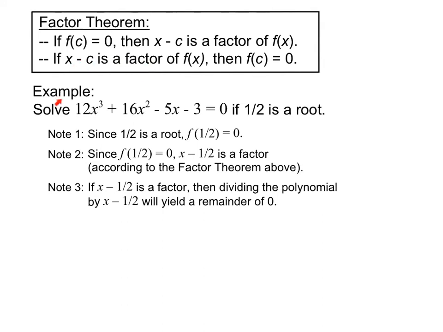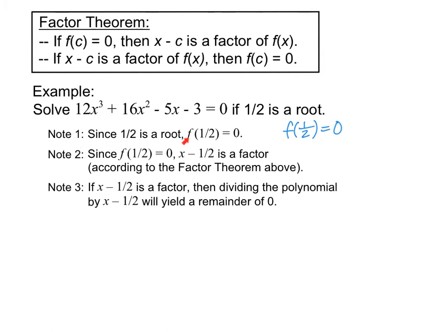So let's look at this example. Solve this really ugly cubic polynomial, degree 3, equals 0 if 1/2 is a root. Now 1/2 is a root means that f of 1/2 is going to give you 0. And so that's what I have over here actually. Note 1.